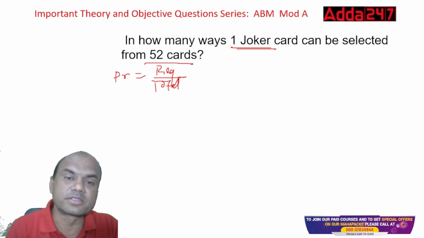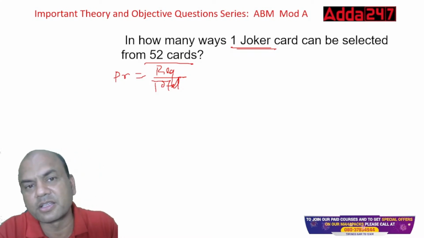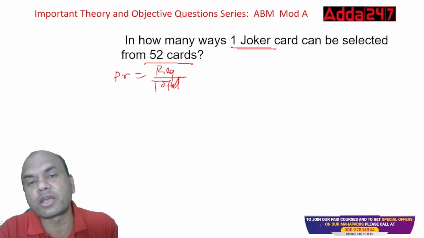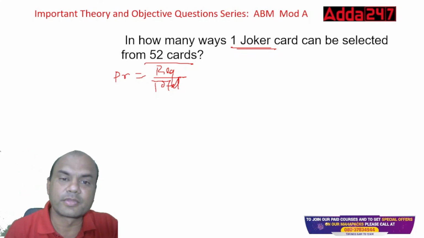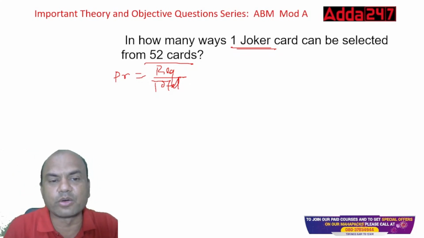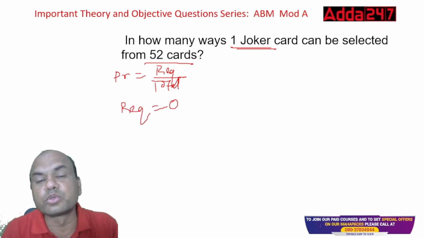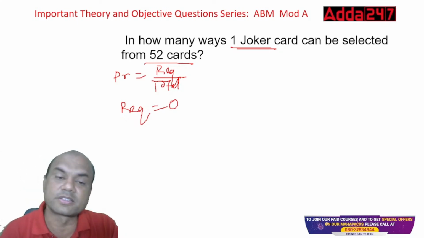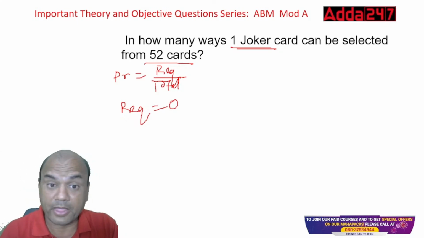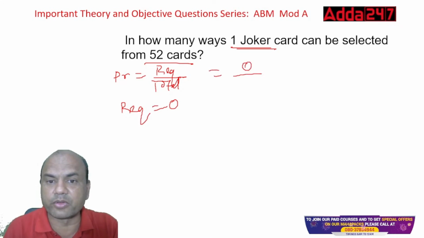Tell me, type in the comment section. There are zero jokers. Okay, because the 2 jokers which we have in the pack of cards are separate from these 52 cards. That's why the answer will be 0 upon 52.